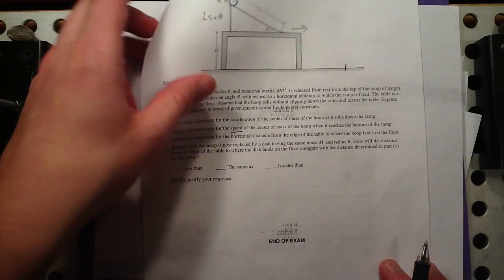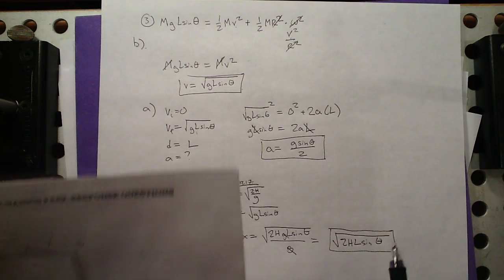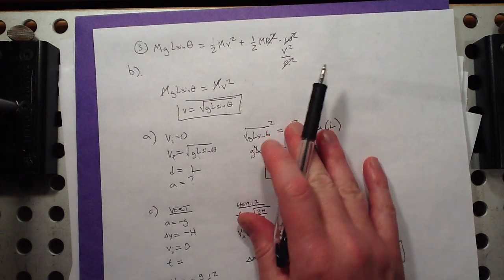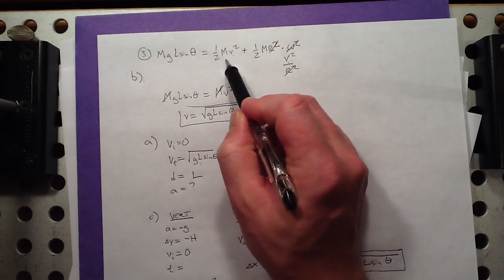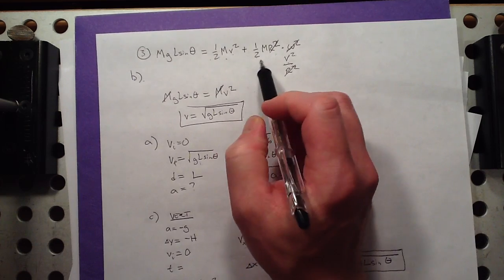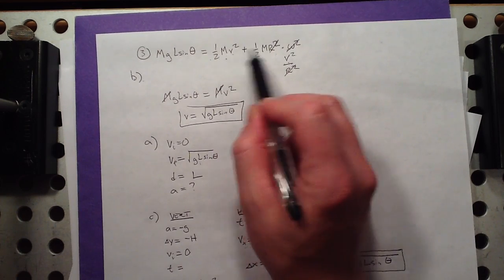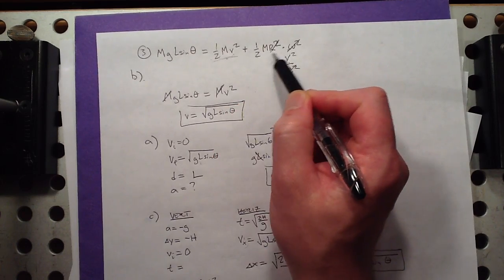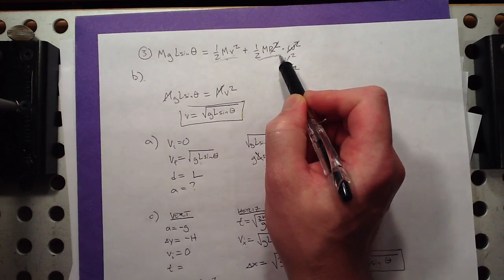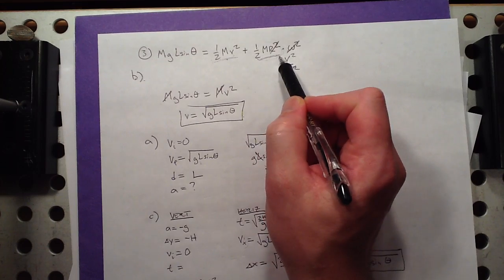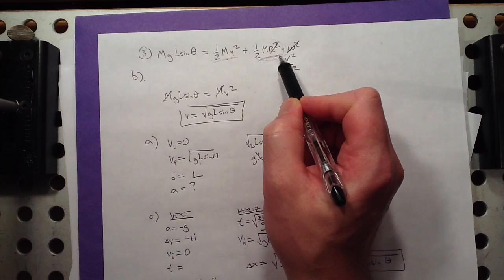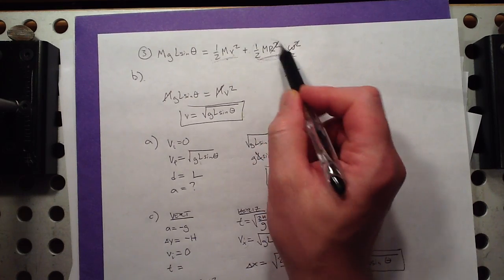Well, I'll go back to our part A, or part B that we did first. Remember, what's happening here is the energy is being split up between translational energy and rotational energy. And the higher this is, the more energy this is going to take up, right? So a hoop is taking like the maximum.